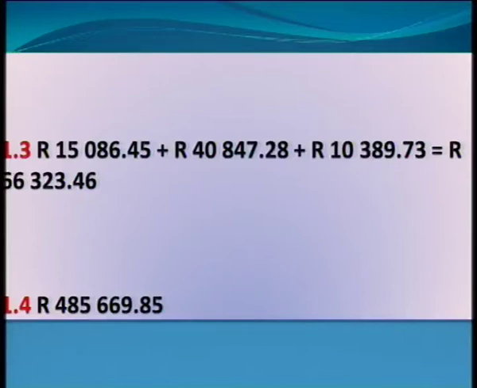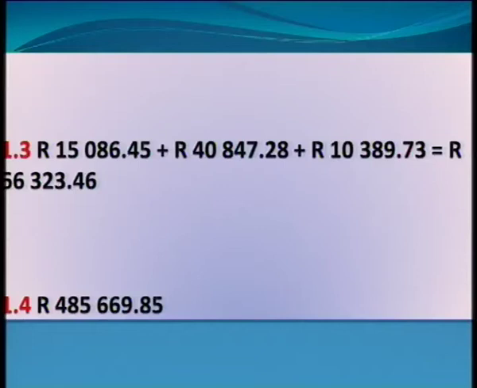That's the amount, your 10,389.73. That's what we still need to pay to SARS, to the receiver of revenue. So your total current liabilities are made up of $66,323.46. 1.4 says calculate the non-current liabilities.